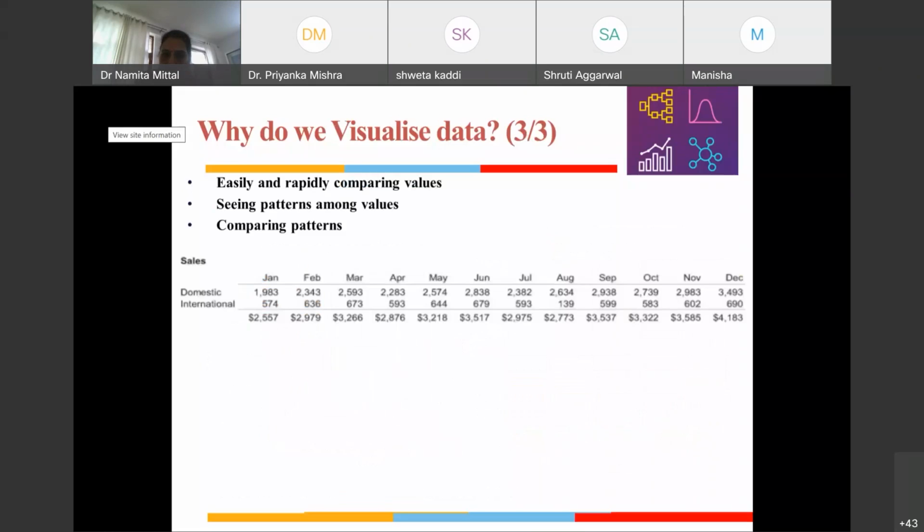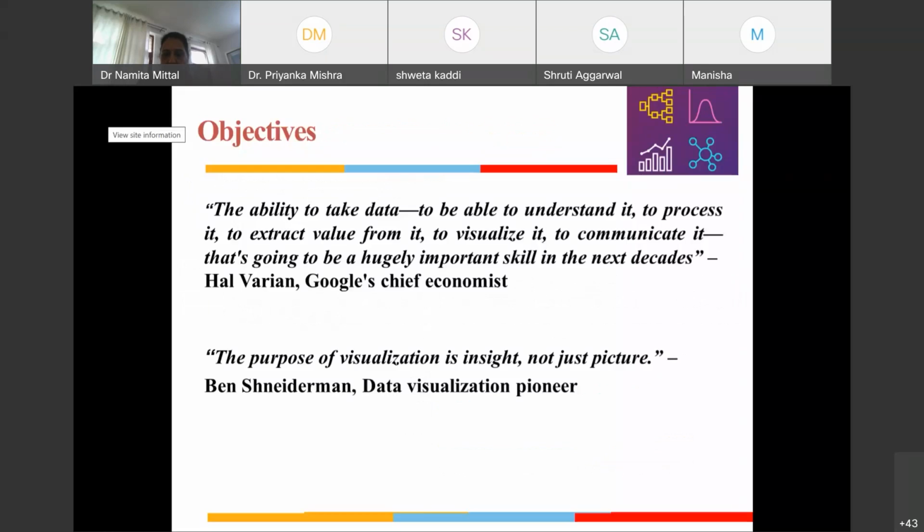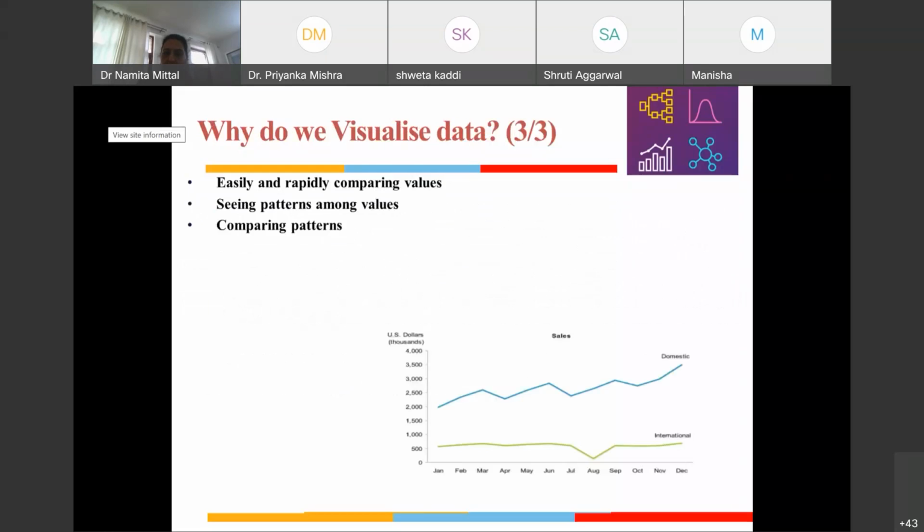Again, the data should be easily and rapidly comparing values, seeing patterns among values, that is insight, and comparing patterns. So we can have a graph of this, just like that. This is a graph.